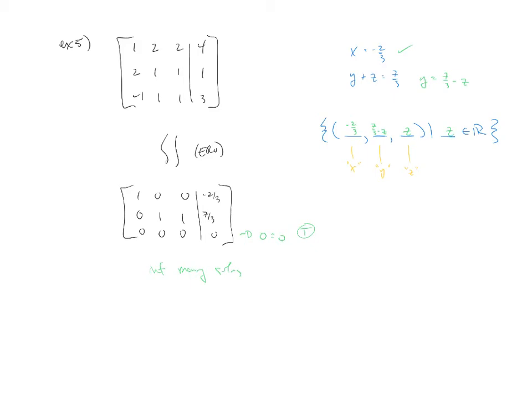Now, this is a perfectly fine answer, but to take it maybe a step further, I'll come down here. It's not the only answer. We do have a few choices when it comes to putting these together. We still need to make sure our x is negative 2/3. But now I could have solved this differently. I could have said z equals 7/3 minus y.